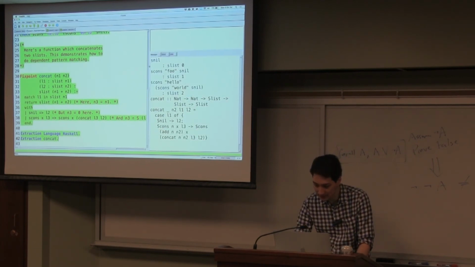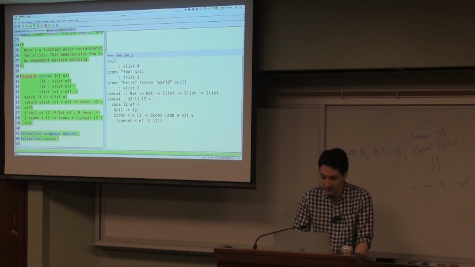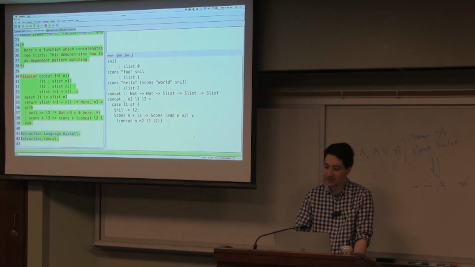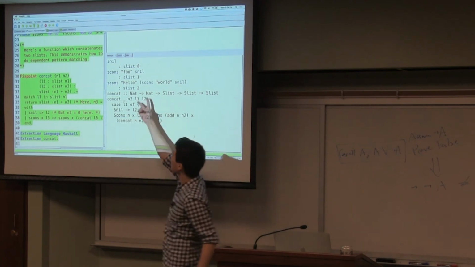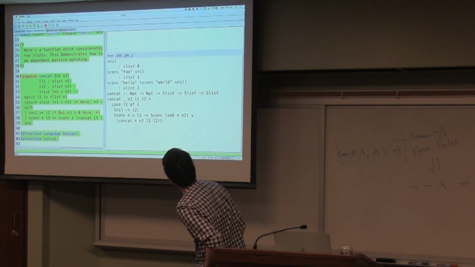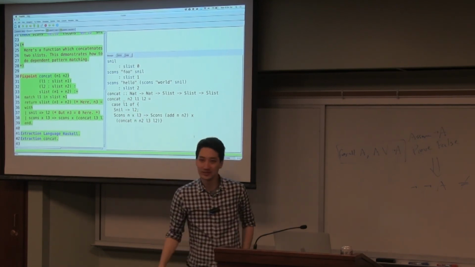So, what did it do? Explicitly passed. Didn't erase. It didn't erase the nats because they're not in Prop, they're in Set. So it kept them here, but they're just extra arguments that are not used.